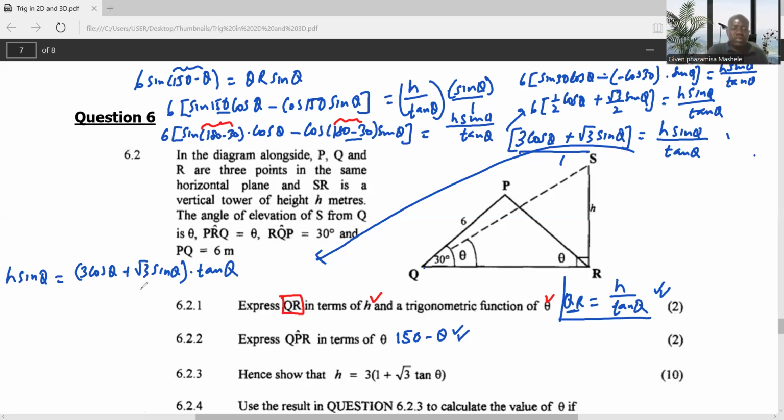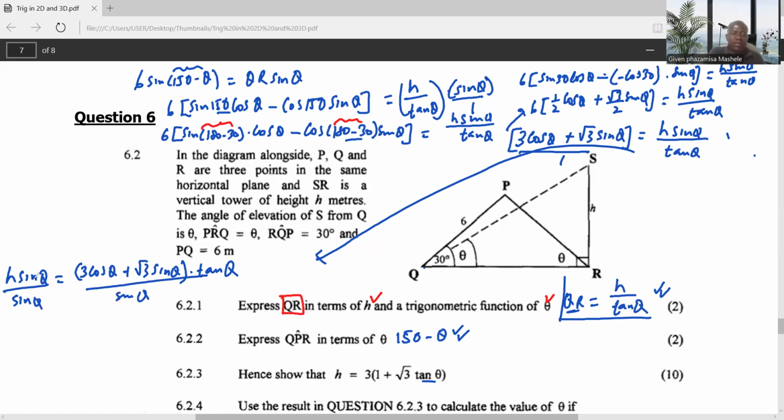So now, to do this, we can do it in 2 ways because we want to end up with tan theta here. To end up with tan theta, let's divide everything by sine theta.